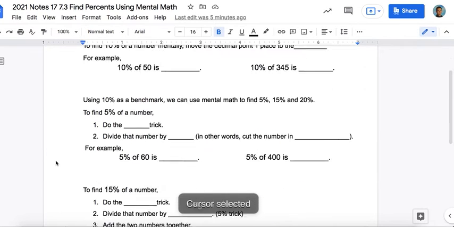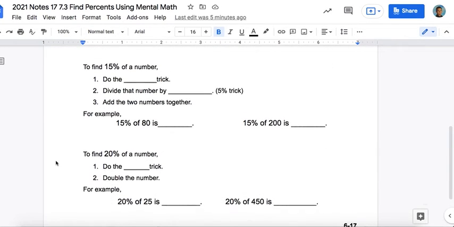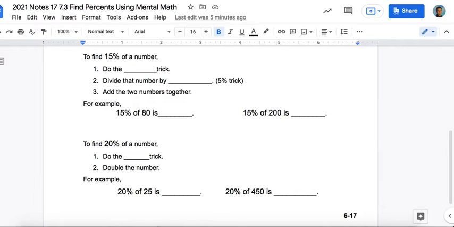All right, moving right along here. Now we're going to look at 15%. To find 15% of a number, do the 10% trick. And now we divide that number by 2. So the 5% trick, and add the two numbers together.